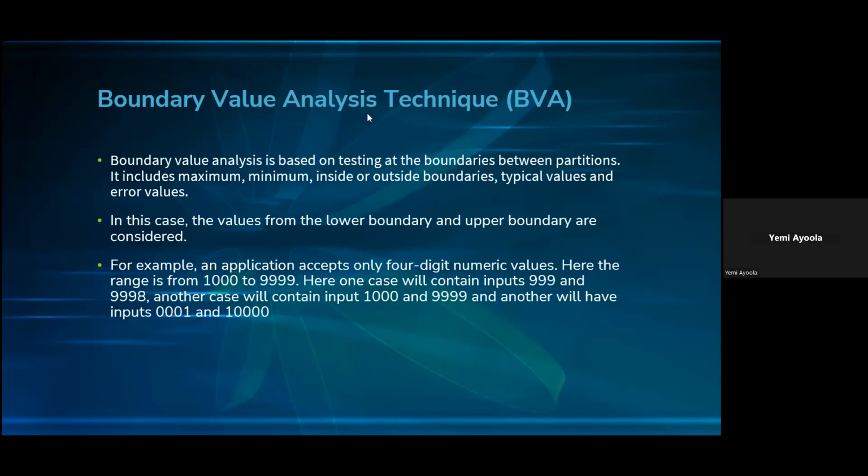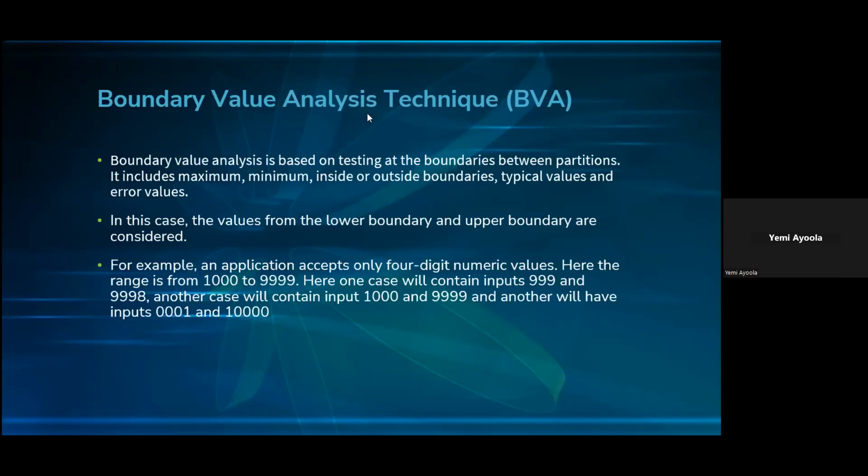Here, one case will contain your input value. You should be able to test 999 and also test 9998 just to make sure that we've tested within it. Another case is that we take 1,000 and we take 99999.